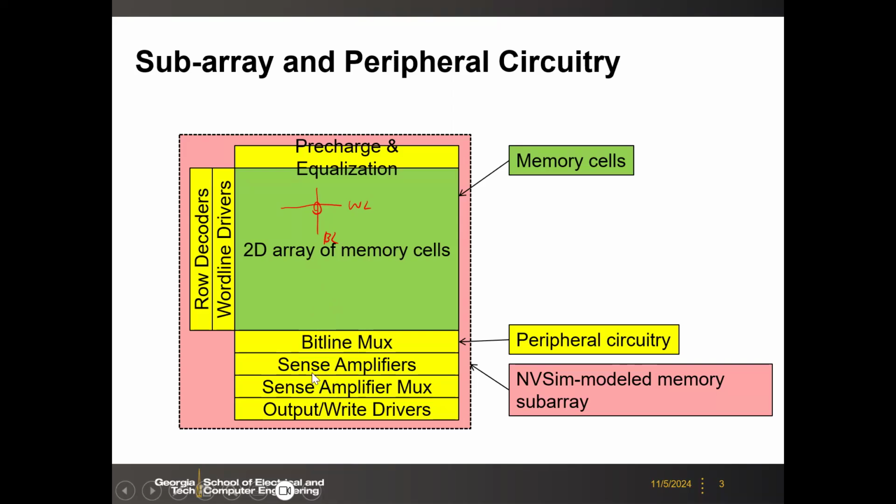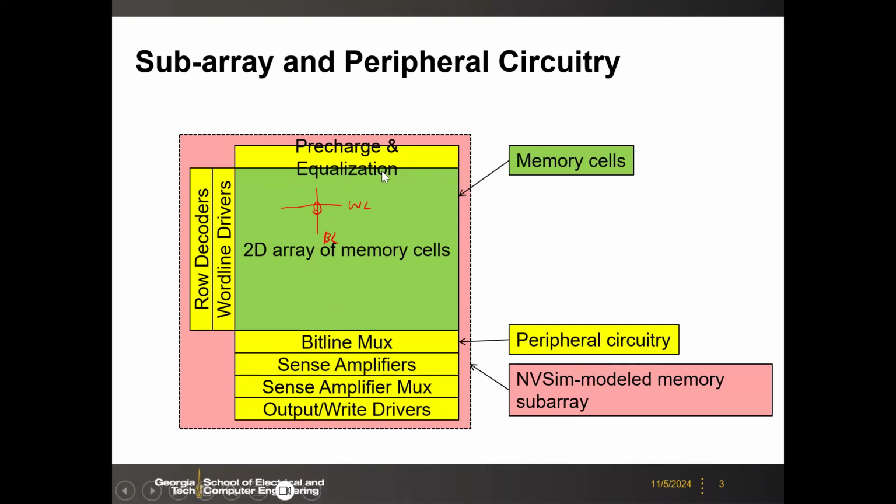After that, maybe not all the results from the sense amplifier will be needed by the external I/O. Therefore, you need another mux to select which bits need to be sent out. Then there will be input and output driver circuitry there as well.